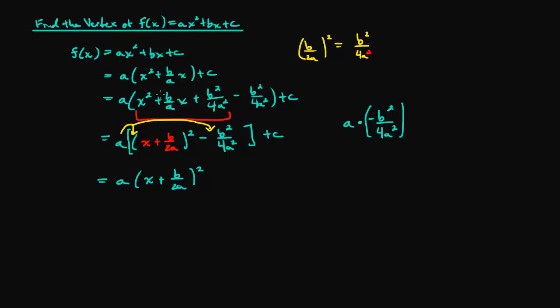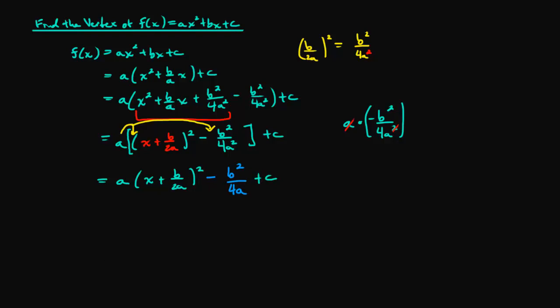Well, I can just divide out a factor of a, because I'll have negative a b squared over 4a squared. I can just divide out a factor of a. And so when I distribute a into the brackets, I get minus b squared over 4a plus c as my constant term. Now, why is this significant?